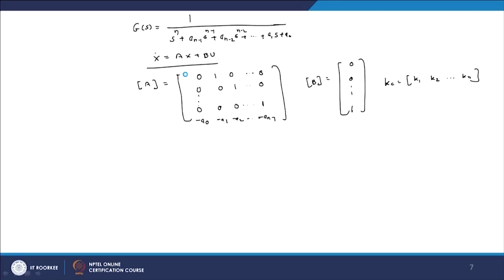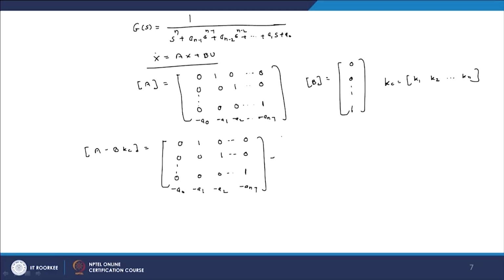Therefore, we can write this matrix as A minus B Kc, that is equal to the companion matrix 0 1 0 0, 0 0 1 0, and 0 0 0 1, and the last row minus a0, minus a1, minus a2, up to minus a n minus 1, minus B, which is 0 0 up to 1, multiplied by K1, K2 up to Kn. Now, we have to multiply this and subtract it from this.